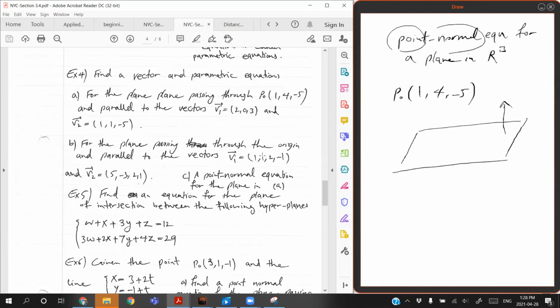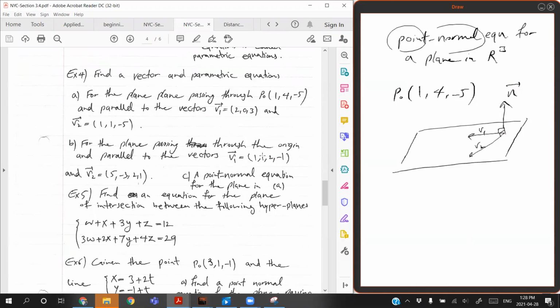What we are given are two vectors that are parallel to the plane. So we are given two vectors like this, v1 and v2, that are parallel to the plane. But what we need is a vector that is orthogonal to the plane. So I want you to notice that if I find a vector that is orthogonal to both v1 and v2, then that can serve as the normal vector. Everybody sees the logic here?